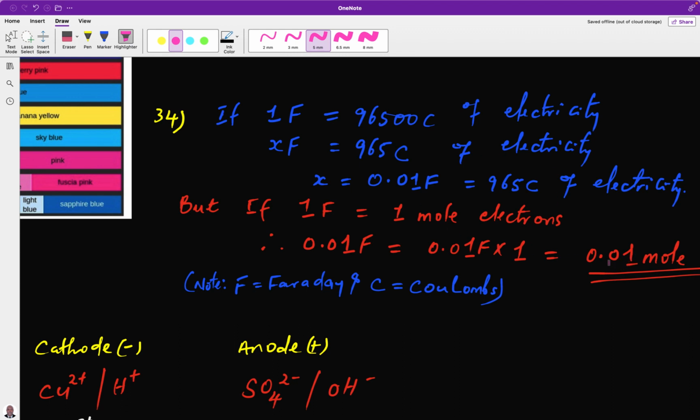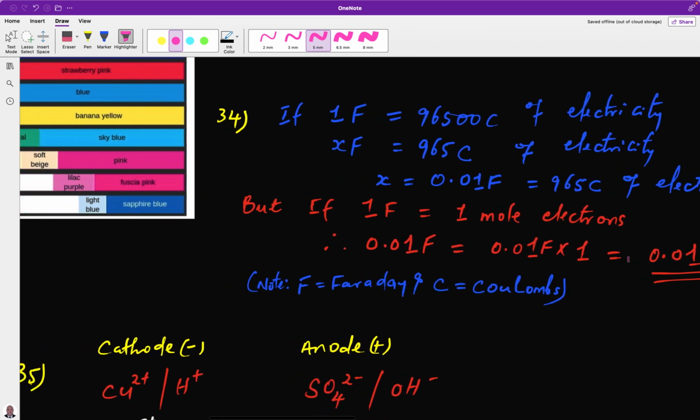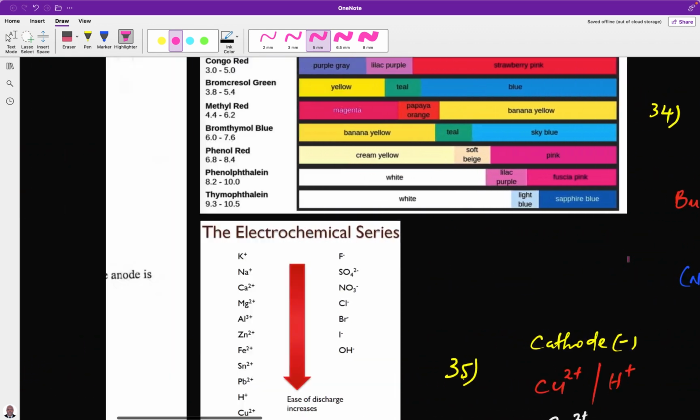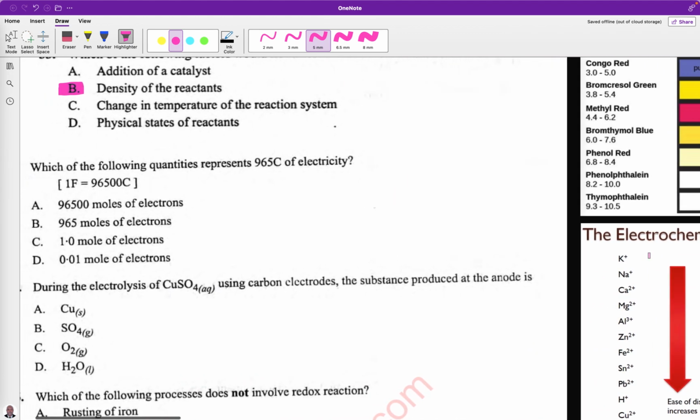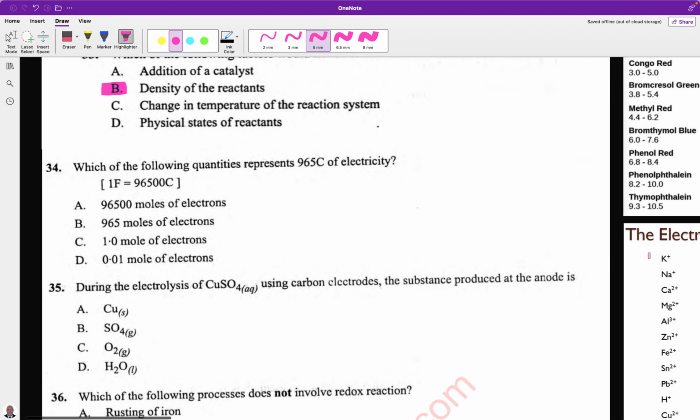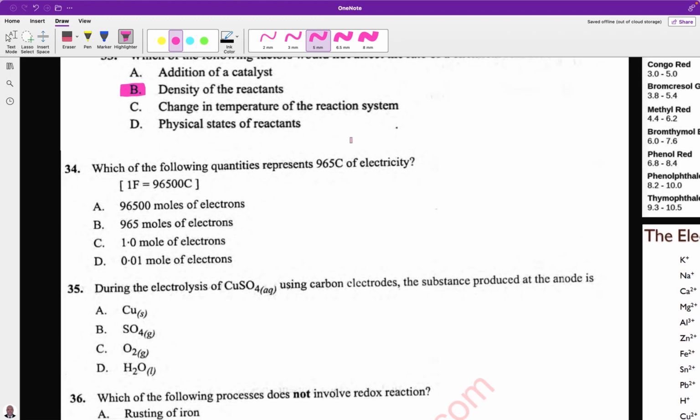It's going to give us 0.01 mole. If we go back to our answer column, the number of moles that we have calculated will be D.